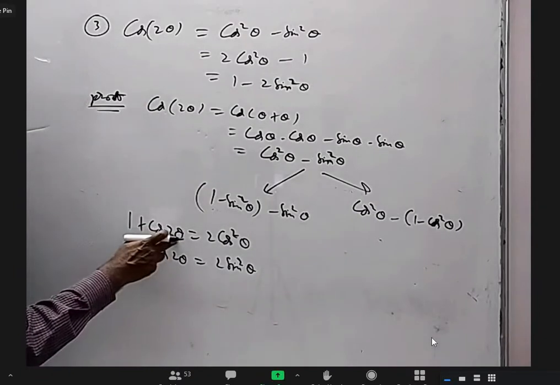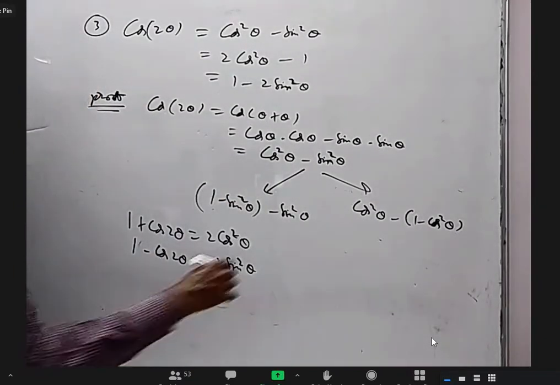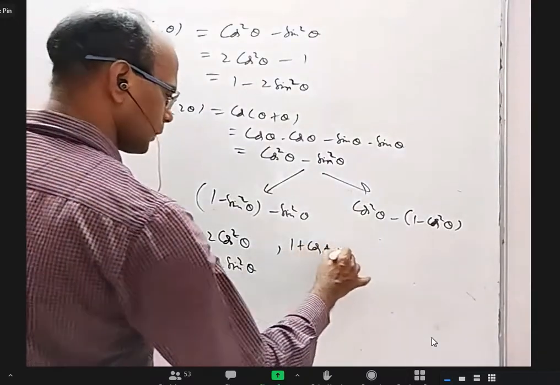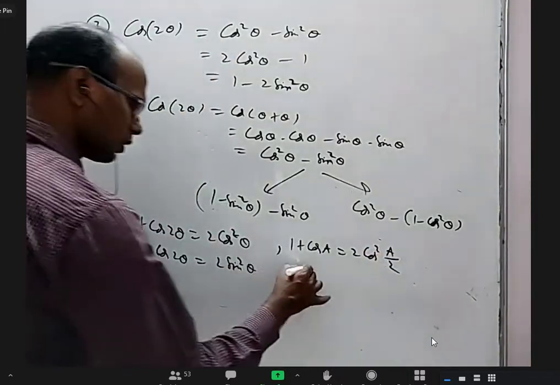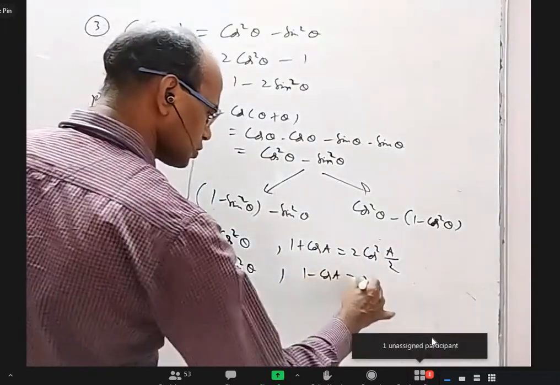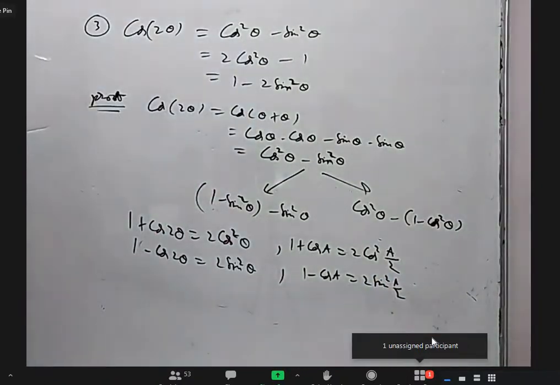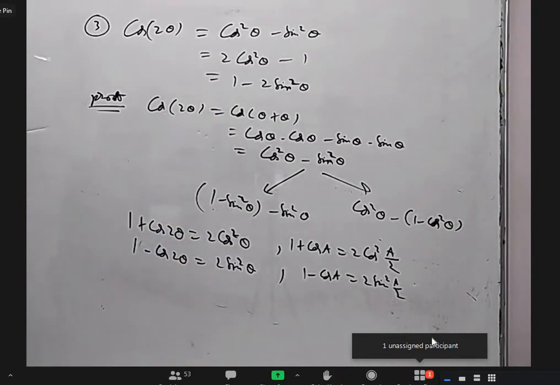Sometimes you may have 1 plus cos theta, you may write 2 cos square theta by 2. I may write this also as 1 plus cos a equal to 2 cos square a by 2. I may write this as 1 minus cos a is equal to 2 sin square a by 2. Whatever is the angle here, half of that here, basically. Like that you have to remember.